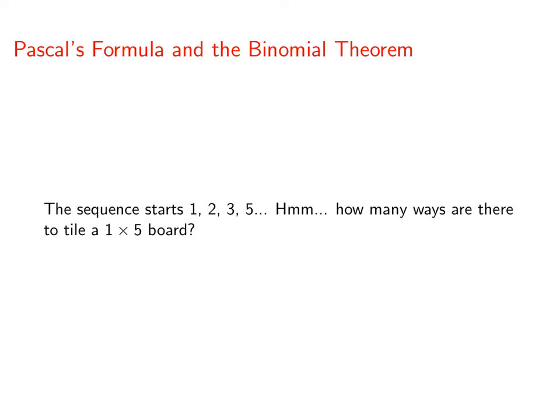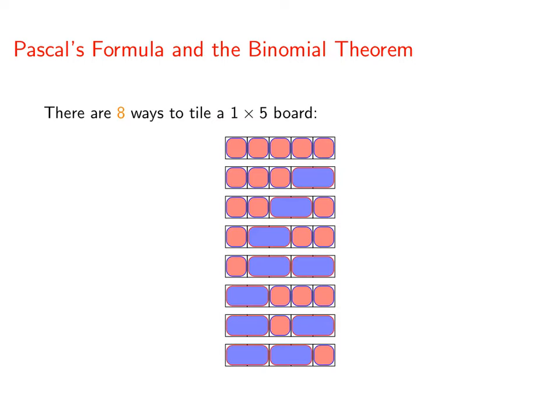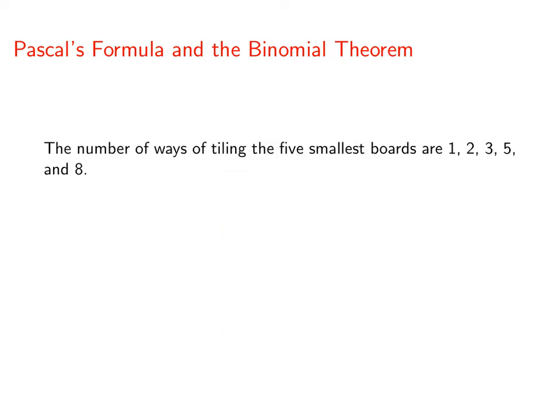How many ways are there to tile a 1 by 5 board? 8. There are 8 ways to tile a 1 by 5 board, and I've shown them all here. Had to make the boards a little bit smaller. All right, so the number of ways of tiling the 5 smallest boards are 1, 2, 3, 5, and 8. Fibonacci numbers.